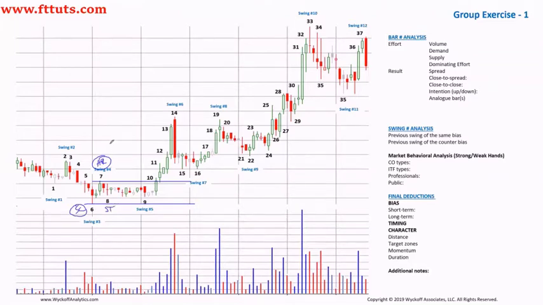Secondary test, absolutely correct, which concludes Phase A. Now that we know that we are in the trading range, let's go through this trading range and try to figure out the phases, right? And we know that this was an accumulation, so let's deal with the phases first, and then we'll talk about the bias. Where would you put Phase C?